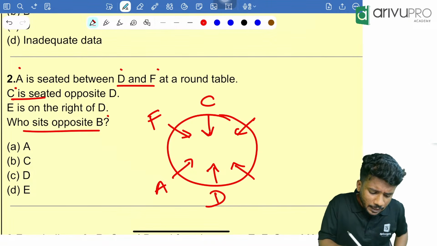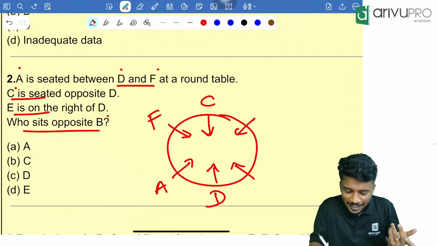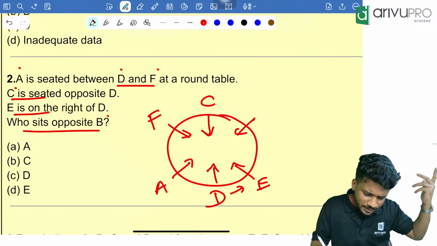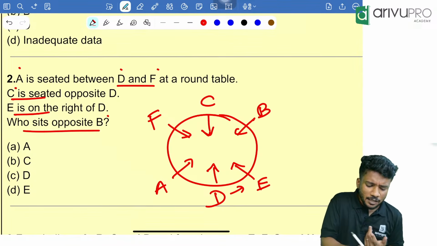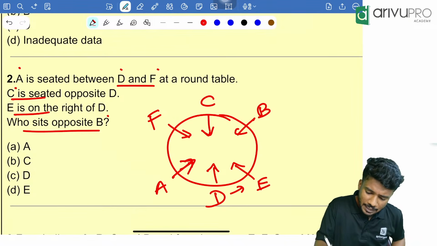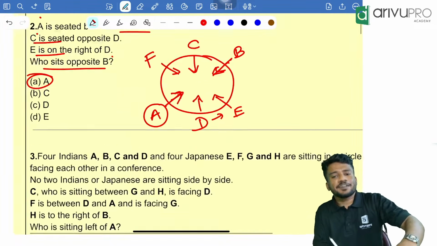Then E is on the right of D, which means towards here. E is there. The only person remaining is B. Who sits opposite to B? Direct question. A is sitting opposite to B. Option A is your right answer.